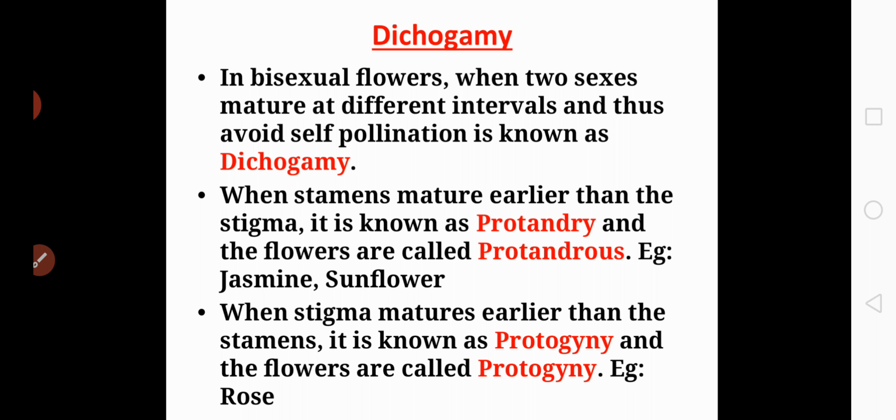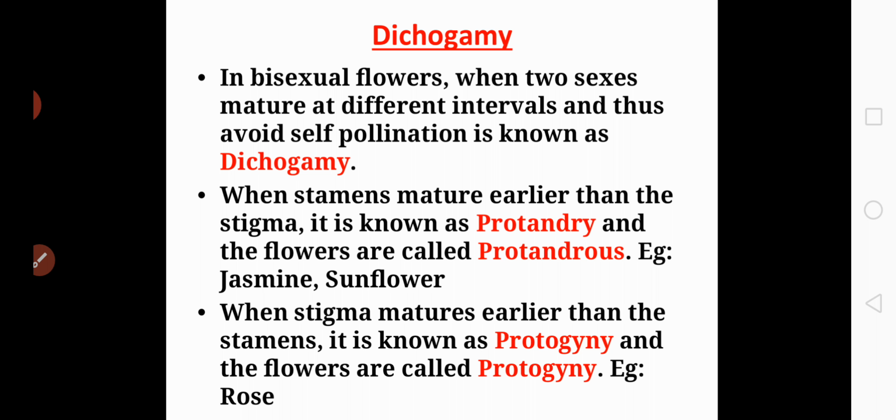When the stamens mature earlier than the stigma, that means the stamen matures first, the condition is called protandry and the flowers are called protandrous flowers. But if the stigma matures first, then the condition is called protogyny and the flower is called a protogynous flower.